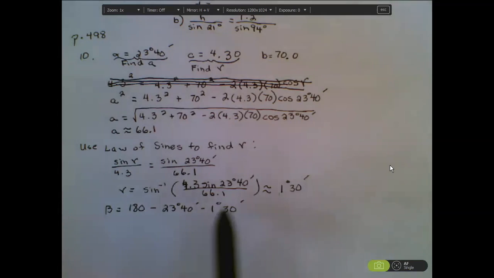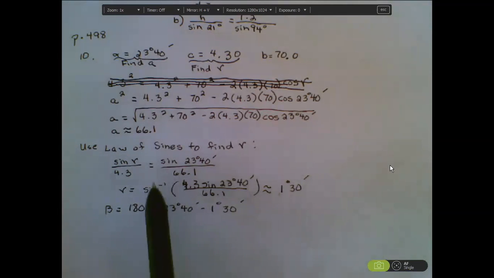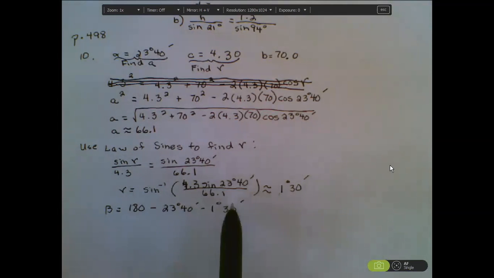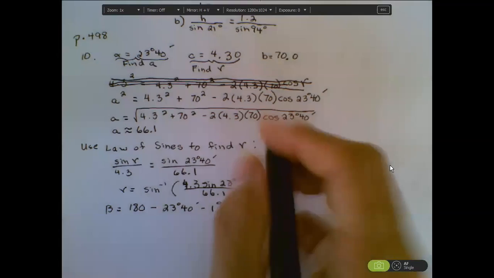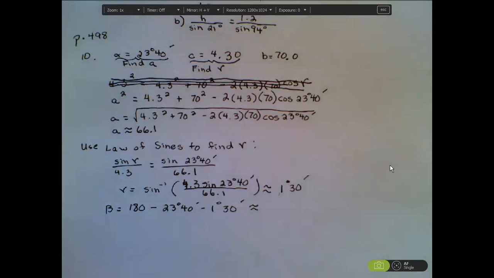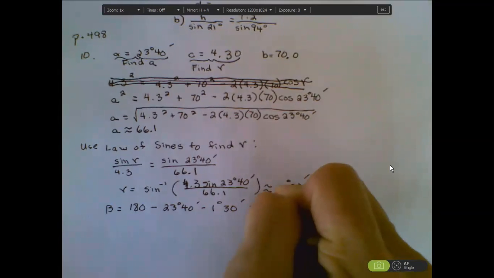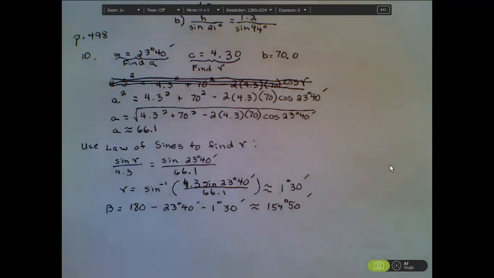Working for NASA, again, you would not want to use an expression you've already rounded. You would put this whole expression in place of gamma instead of just the 1 degree 30 minutes. But if we're just working at McDonald's, this is going to be good enough. I got beta was 154 degrees and 50 minutes.